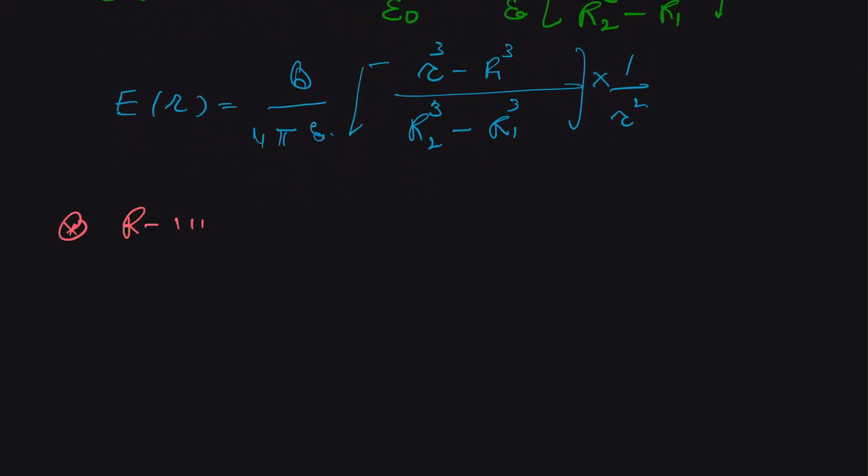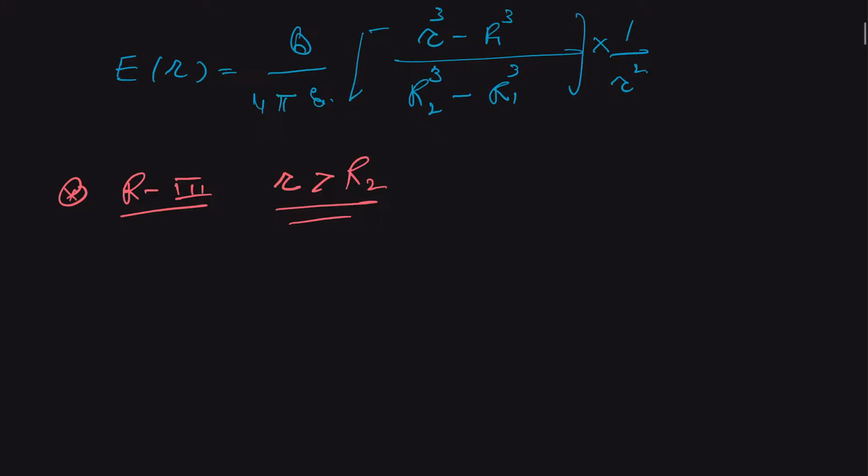Region 3, when the Gaussian surface has a radius r that is greater than our outer radius, that is our R2. In this case, the charge enclosed, Q enclosed, will be equal to our Q, because now the Gaussian surface is somewhere outside.